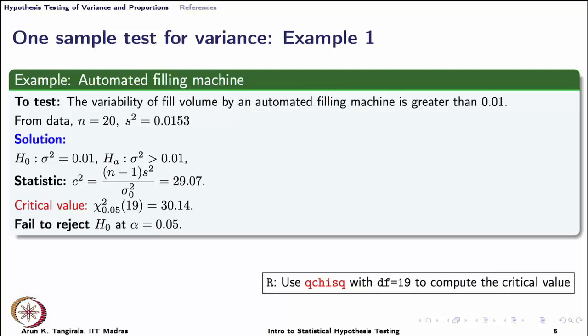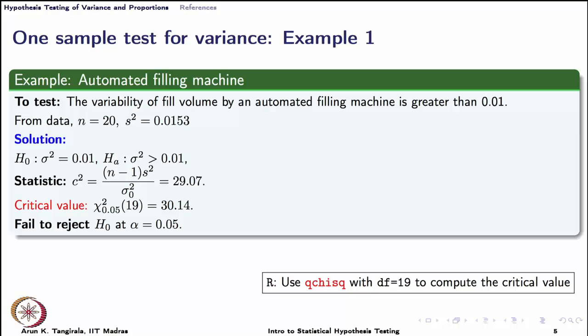So, as an end user I may say that I would like the variability to be not greater than 0.01, or I would like to test for variability being greater than 0.01. If the null hypothesis is rejected, then that would mean that I would reject this automated filling machine as meeting my requirements.